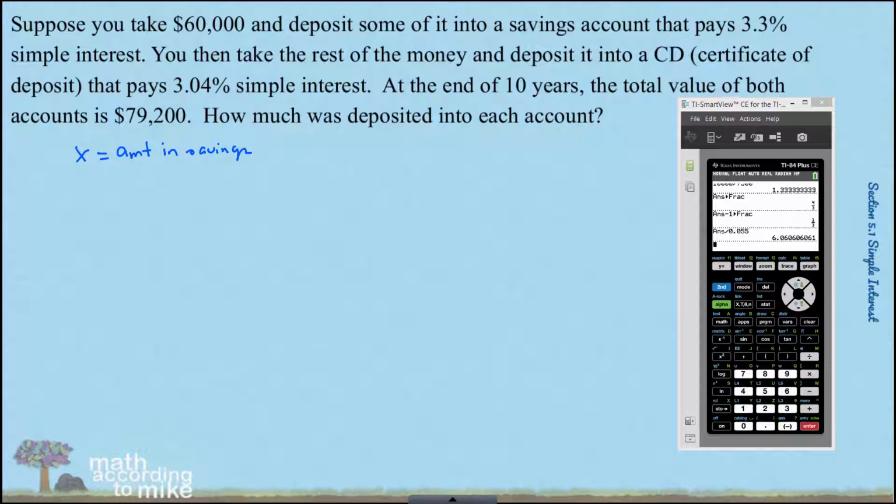The problem with that is that it creates two variables, and then you'd have to do a system of equations, using substitution or elimination. But we can avoid two variables and write one variable. If X dollars went into the savings, then how much is left over to go into the CD? 60,000 minus X.